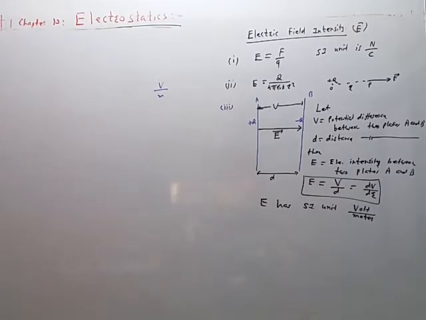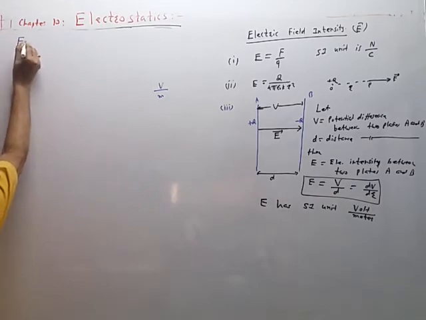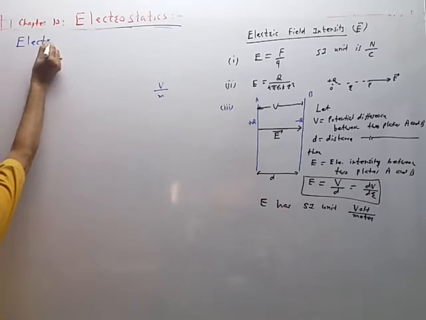Now we know that electrical intensity has magnitude, has direction, so that magnitude and direction is also explained in terms of the concept of electric lines of force. So we want to see that concept. What is meant by electric lines of force? What are their properties?